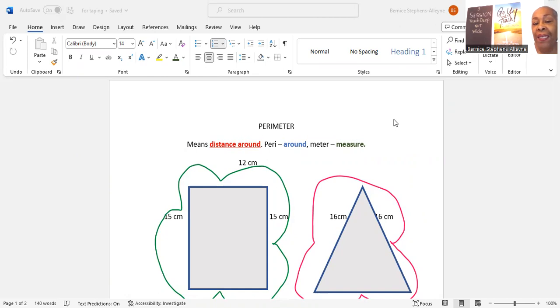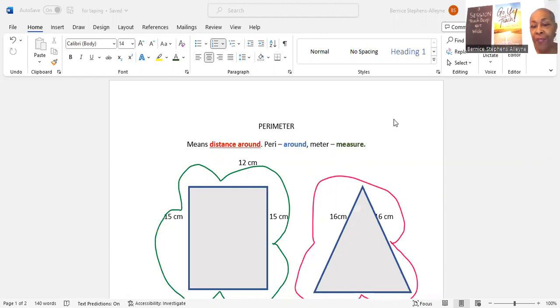Perimeter means distance around. Now, I am doing both the deductive and the inductive because it lends itself, both are better at explaining what I have to share today.